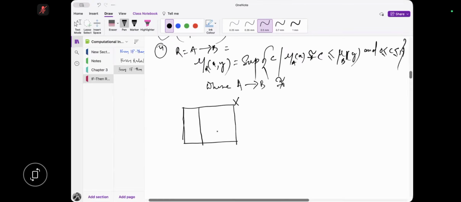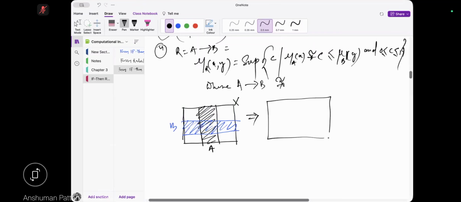If this area is set A and this area is set B, from the universe, this is A and this is B. Then identify and mark the zone which belongs to equation 1, equation 2, and equation 3.